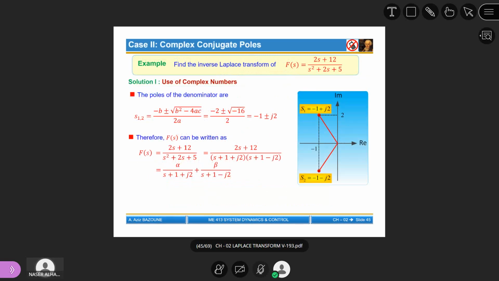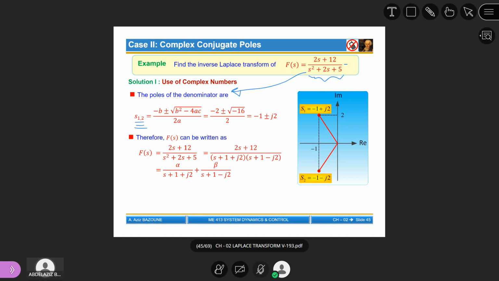Okay, thank you. Let's go to the inverse Laplace transform when we have complex conjugate poles, like this one. To use the partial fraction, we need to find first of all the roots of the denominator. The roots can be found like this, using the discriminant.